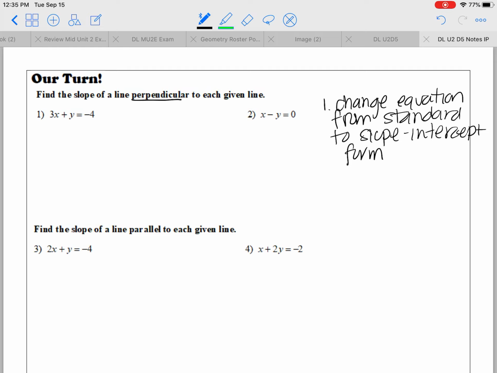Okay, so I noticed that 3x plus y equals -4 is in standard form. And if I'm looking for the slope, I'm not able to identify the slope. So the very first step that I need to do is change from standard to slope intercept form by solving for y.